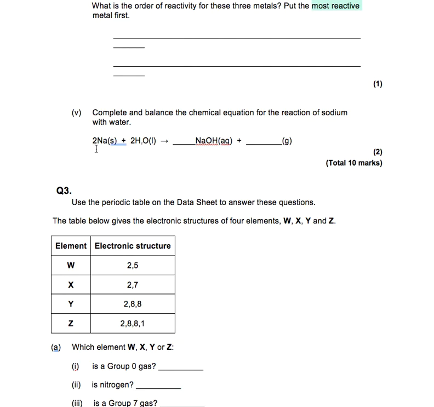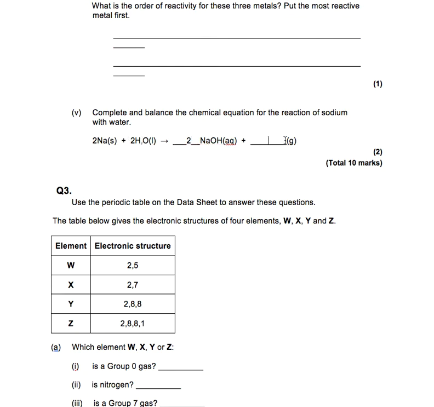You have over here 2 sodiums. Note the state symbols, solid and liquid. 2 waters. Over here I've got 1 sodium, 1 oxygen, 1 hydrogen. So I would put a 2 in there. So that accounts for those 2, and 2 of the oxygens and 2 of the hydrogens.